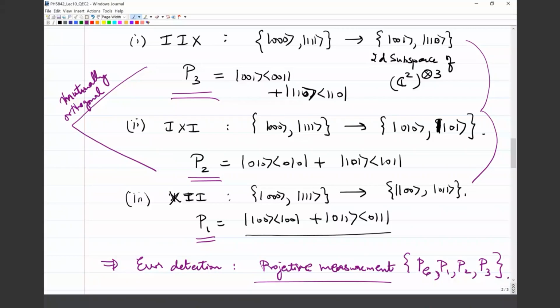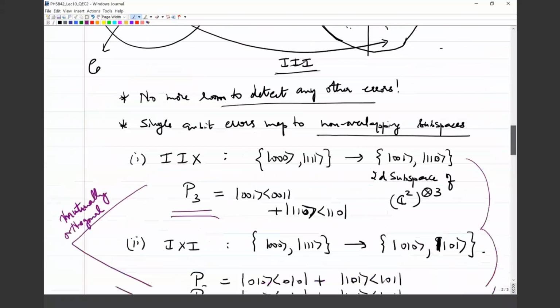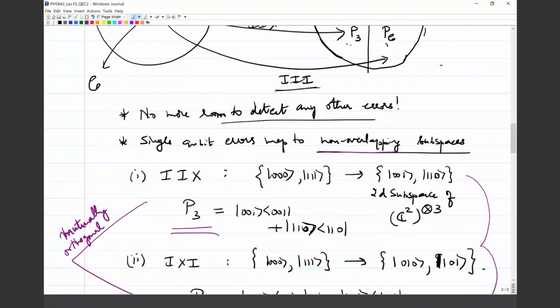They project you to an entire space, a two-dimensional subspace of this larger space. Okay? Is that idea clear? So the fact that these projectors are mutually orthogonal goes back to the fact that these subspaces are non-overlapping. Okay? Nilesh, does that answer your question? Okay, cool. All right.